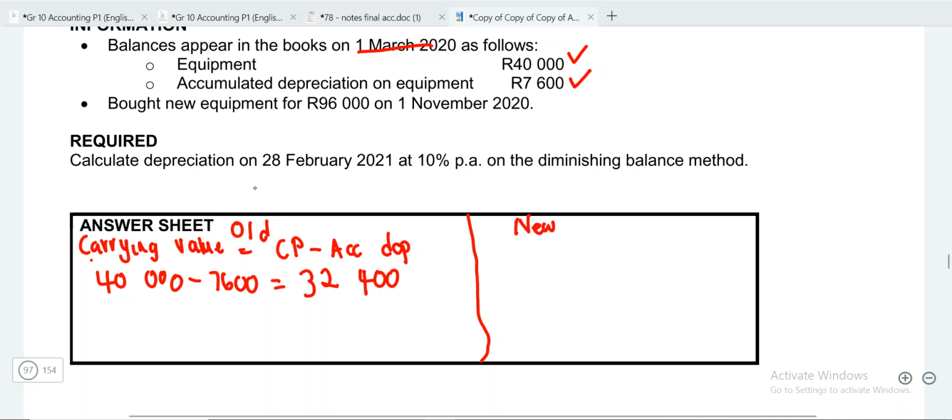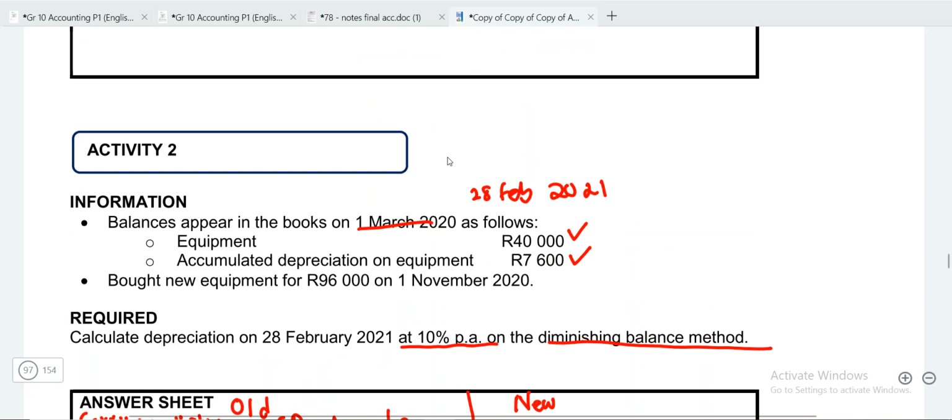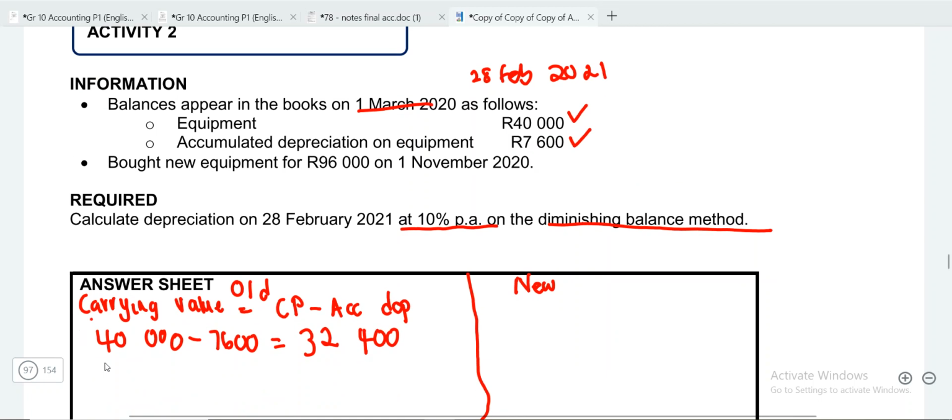Here they're saying calculate depreciation on 28 February at 10% per annum on the diminishing balance method. Remember, like I said, with the diminishing balance method you look for the carrying value first. We got the carrying value, then we need to calculate the depreciation. This old asset was with us for the entire year, so we are going to calculate it out of a period of 12 months, and our rate is 10%.